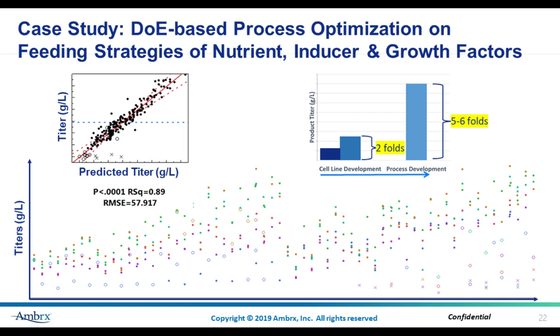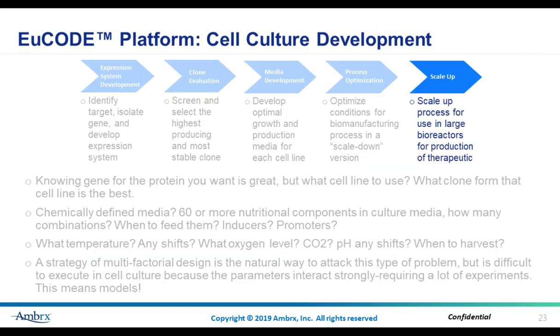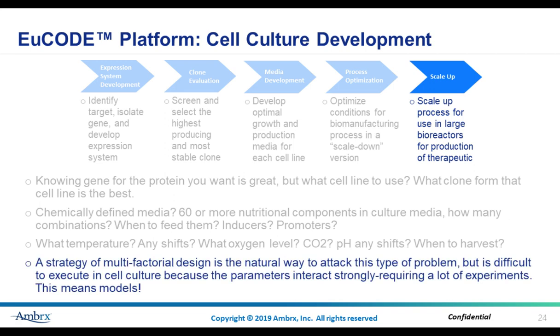The ultimate goal of all the work we have done so far is for us to be able to scale up the process in large-scale bioreactors for production of therapeutics. During bioreactor operating condition scale-up, agitation and aeration are two important conditions to be scaled up properly to achieve comparable process performance across different scales.